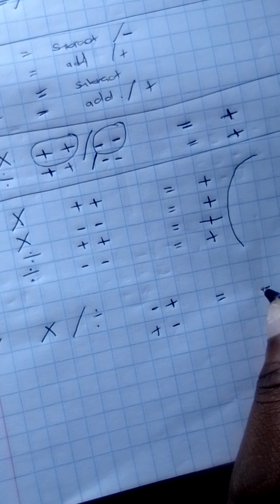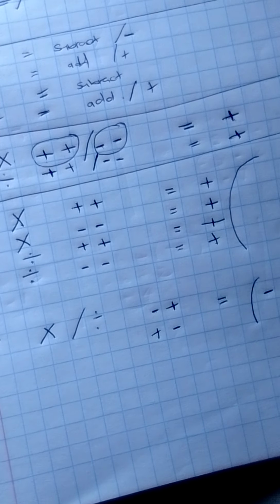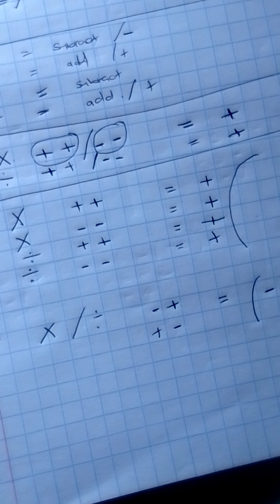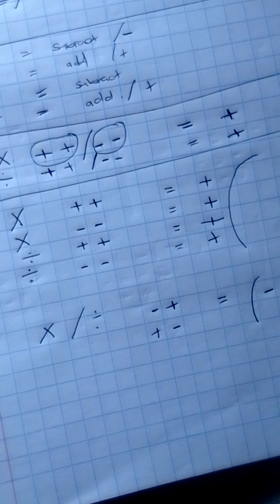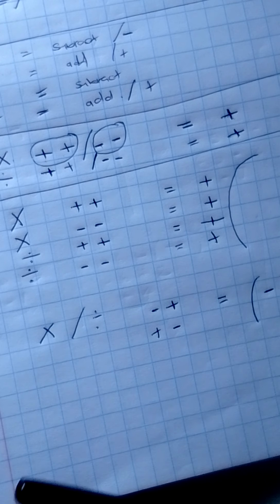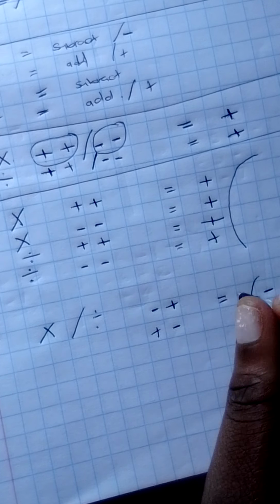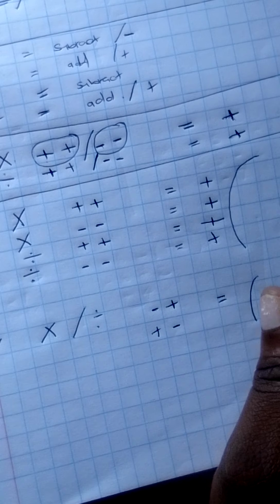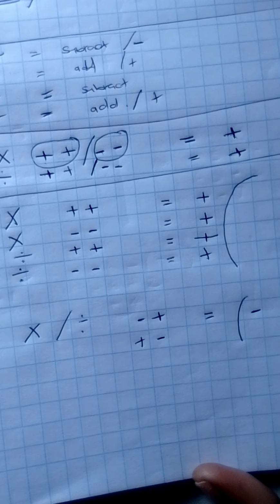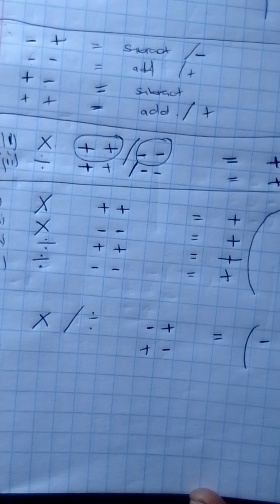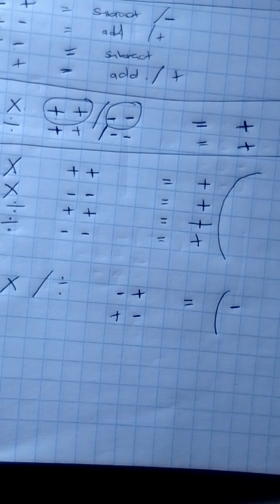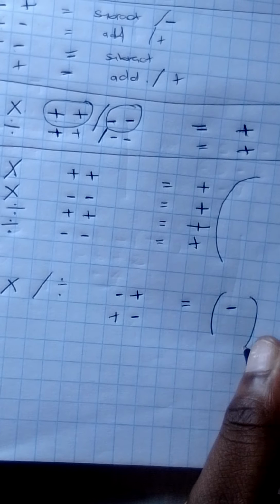A negative sign, right? That's concept number 5. It's saying whenever you multiply or whenever you divide two numbers with different signs, it can be minus plus, the other one plus minus, your answer should have a what? A negative sign, right? Your answer should have a negative sign.